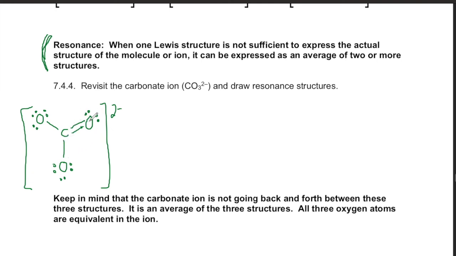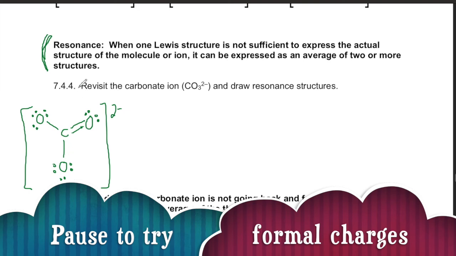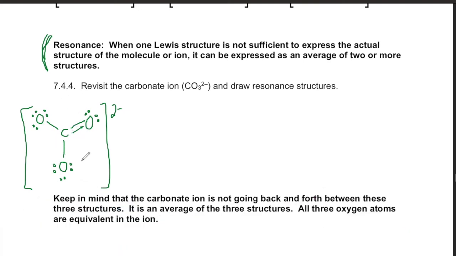But this structure implies that this oxygen is related differently to the carbon than these 2 oxygens are. So it has a double bond to carbon, which would bring it a little bit closer to the carbon than the other 2 oxygens. Also, if we look at the formal charges of all these atoms, I'll let you verify that, we have the negative charges of the ion concentrated on these 2 oxygens and not on this one at all.